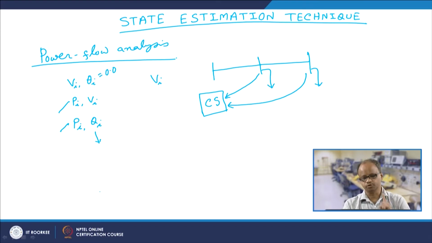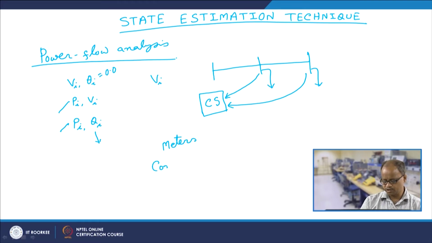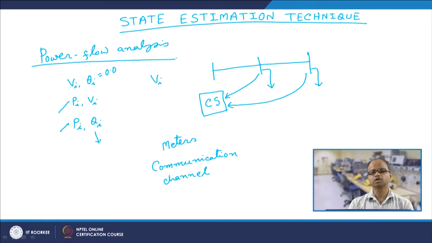Now, there are two issues. The first issue is that we are putting meters, and the second issue is this communication channel. So, two issues arise. One issue comes due to the meters.